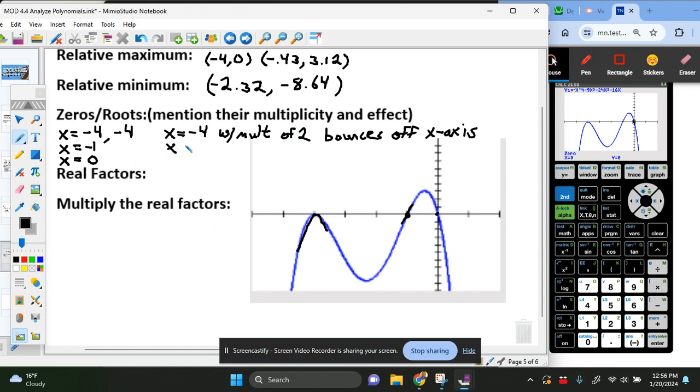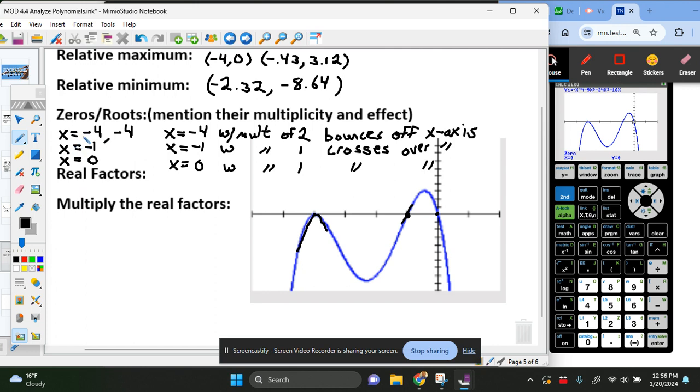Here we got x equals negative 1 with multiplicity of 1, and it crosses over the x-axis. And then we have x equals 0 with a multiplicity of 1, and it crosses over the x-axis again. Okay, so there's our 4 zeros: 1, 2, 3, 4, the multiplicity is telling us.